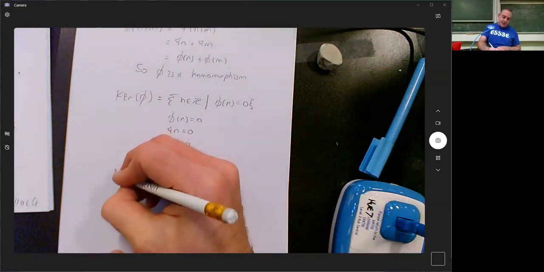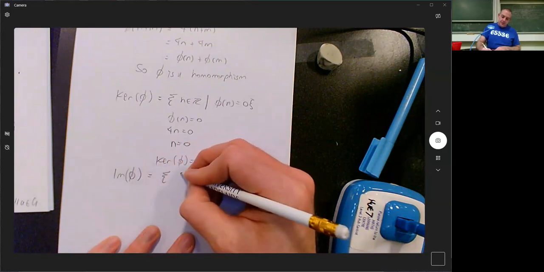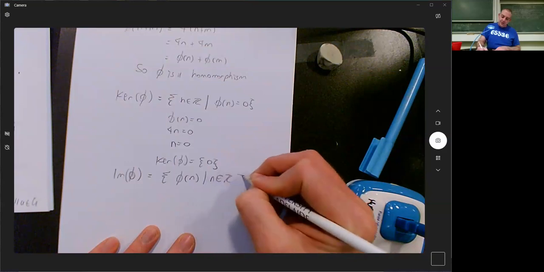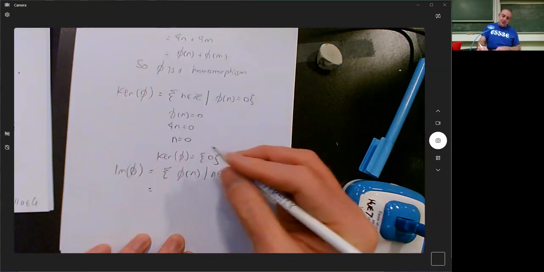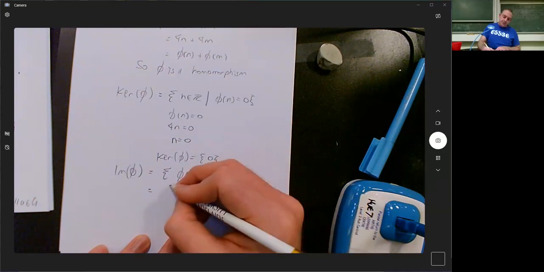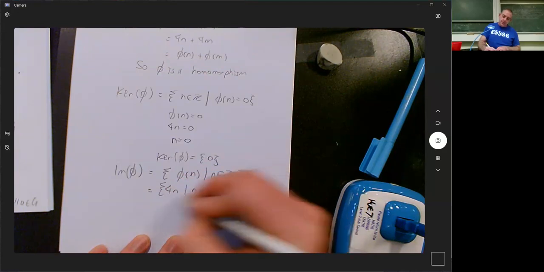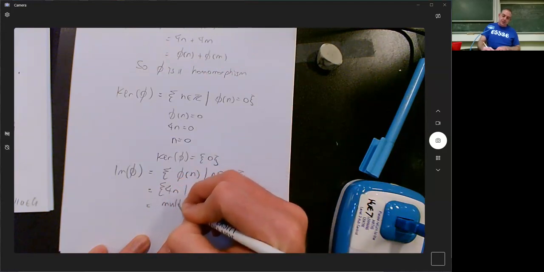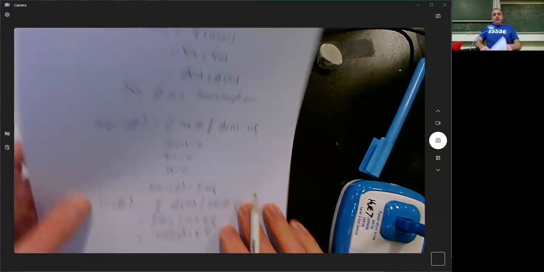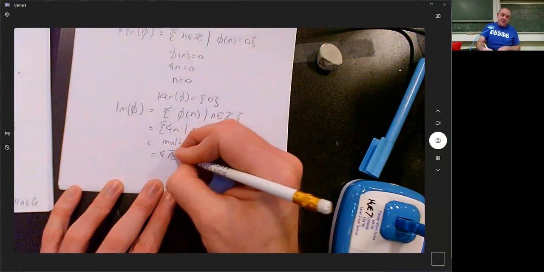And the image of phi is phi of n such that n is in Z, which equals the multiples of 4, which you normally call 4Z because that's the notation for it.